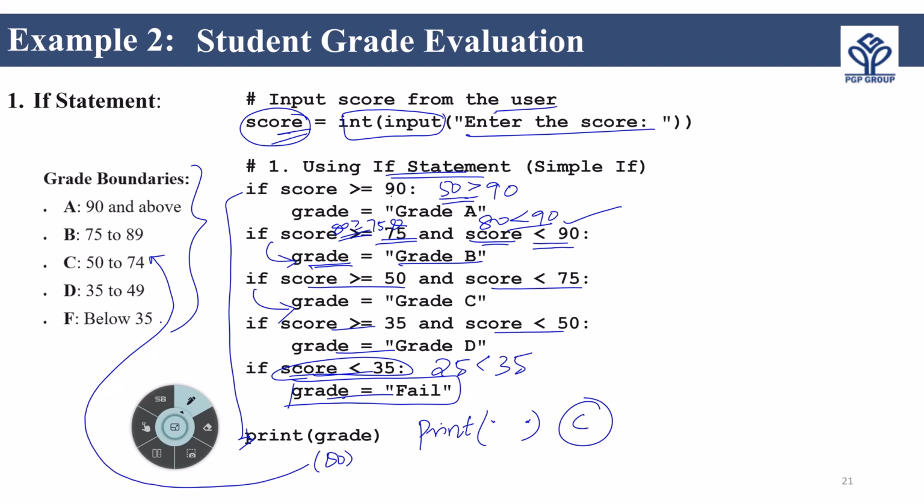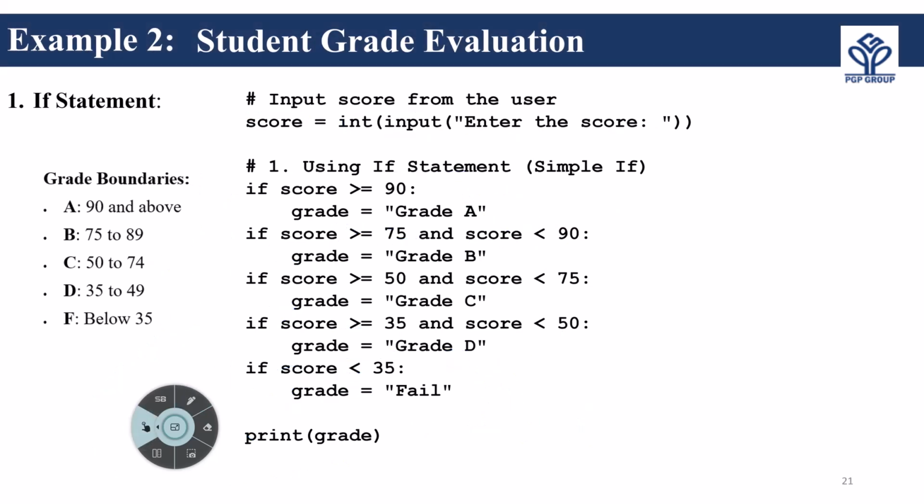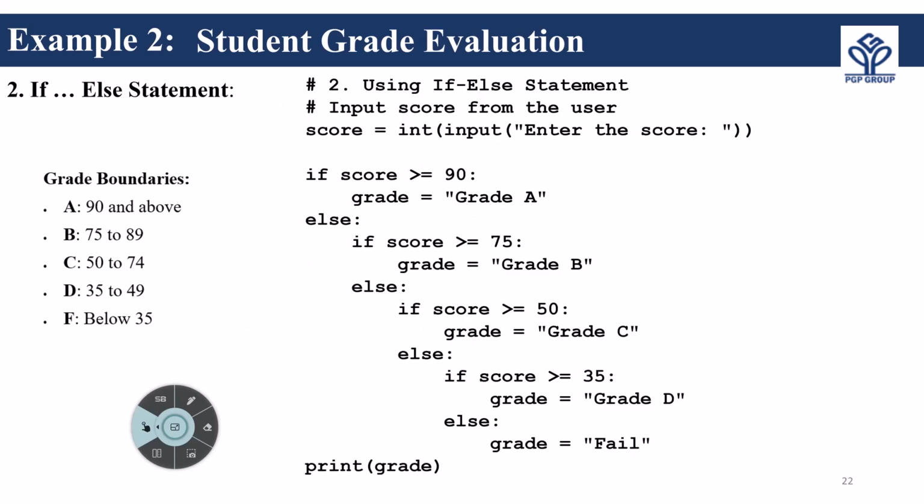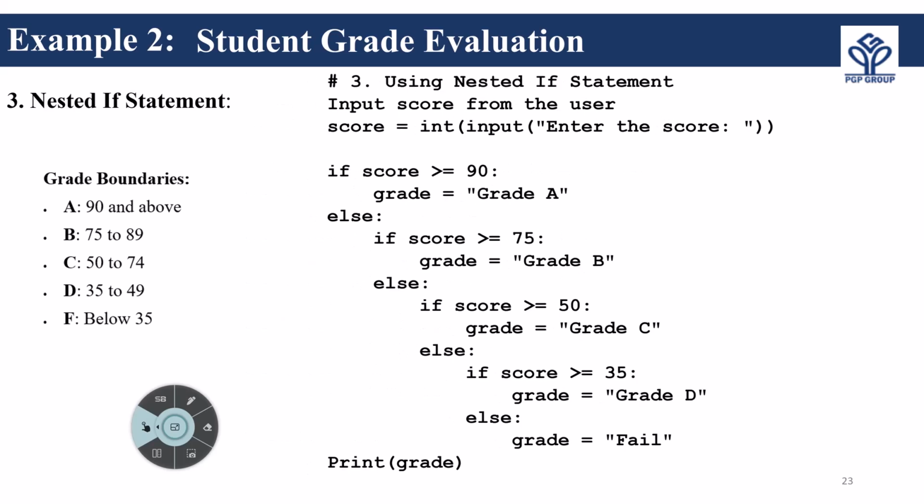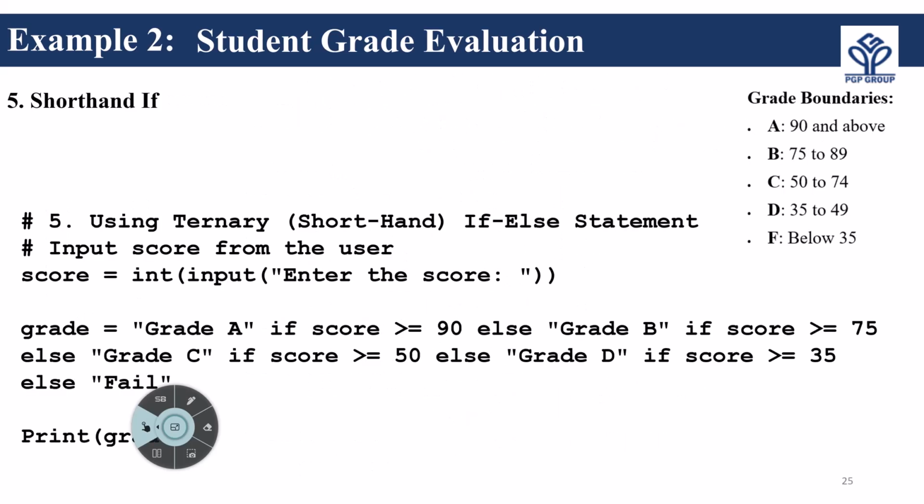Already we said below 35 our grade is F, but we are reassigning the grade as fail. When we get 25 marks, below 35, the grade is fail. Clear? These are the same concept but with different examples. These are also the same.